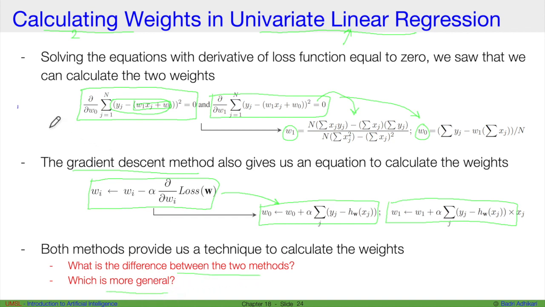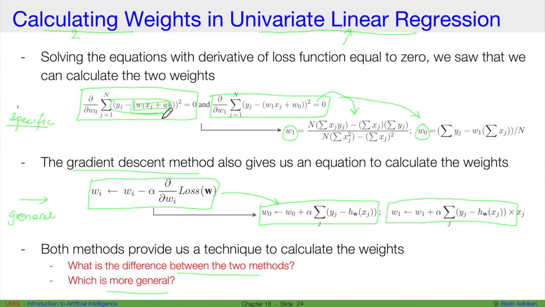The answer is, this method is the more general method, and this is something that only applies to the case of univariate linear regression and other linear models. That is because your calculation of partial derivative may not always be as easy.